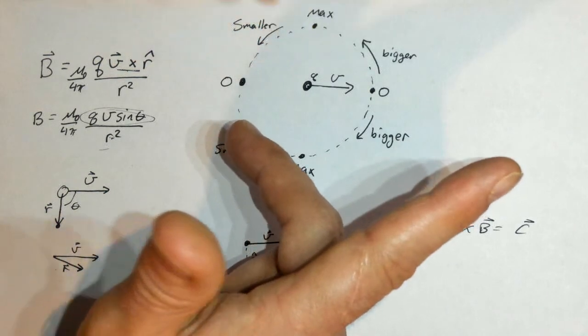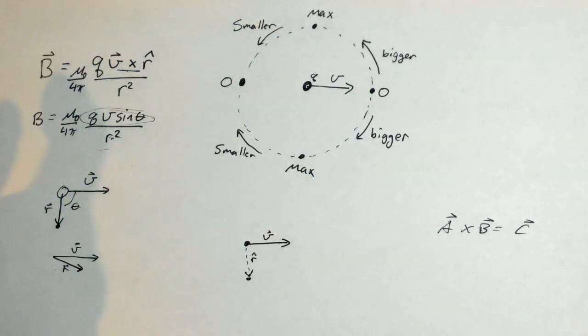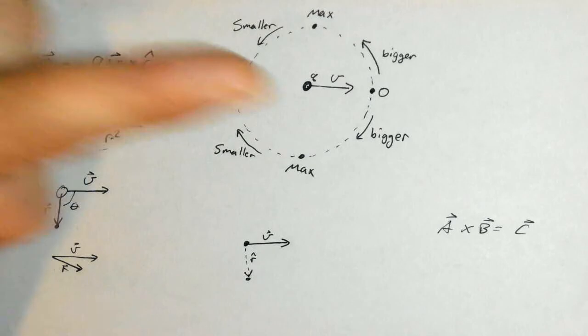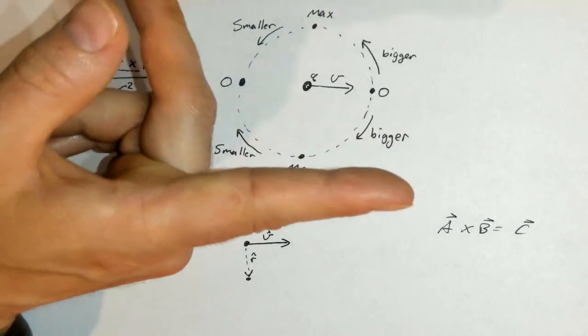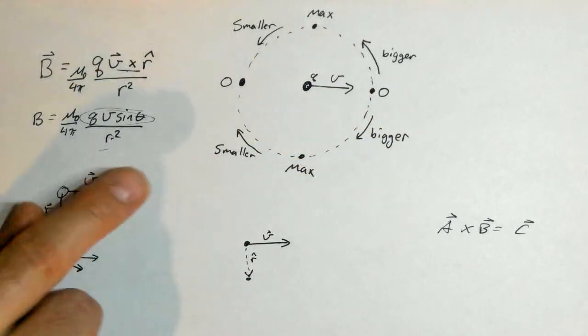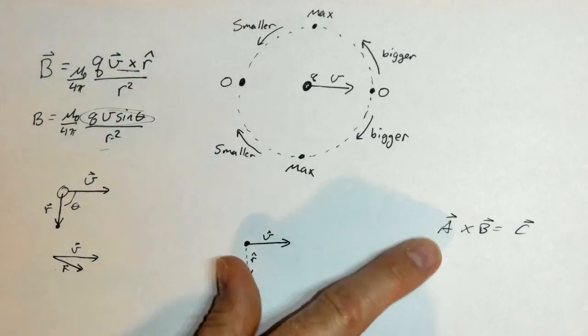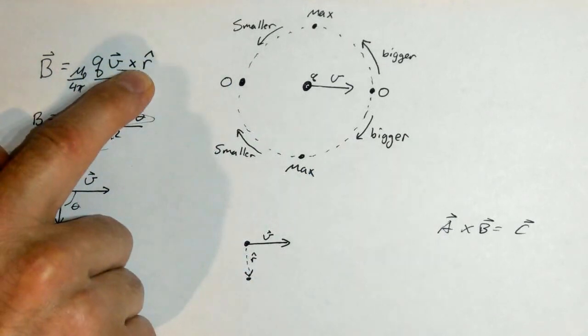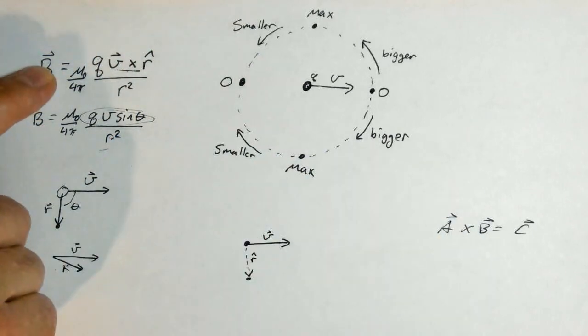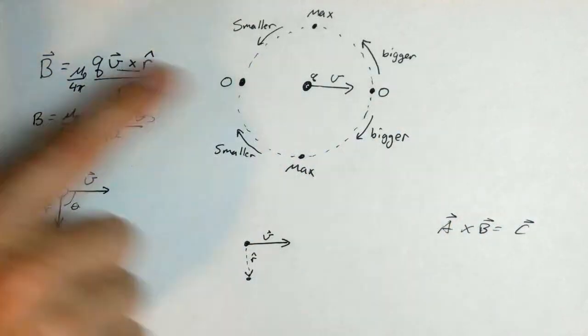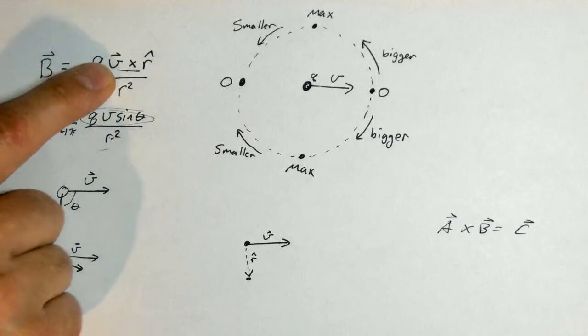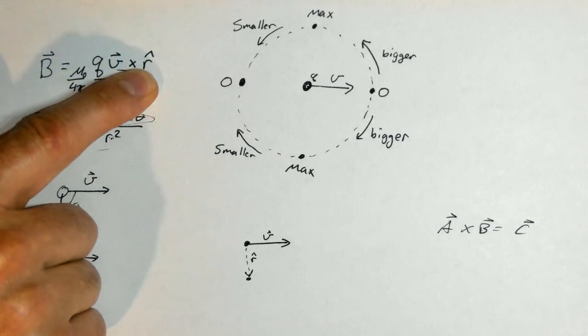Okay, so in doing that, I have A pointing this way because it's V cross R hat. So V is my first vector, or A, and R hat is my second vector, or B, and the B field direction would be given by C, so that's my thumb. So this is my thumb, this is my pointer finger, and this is my other finger.